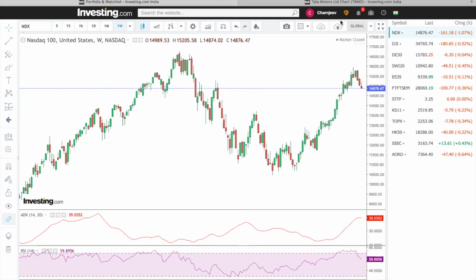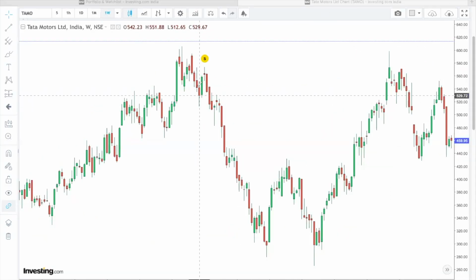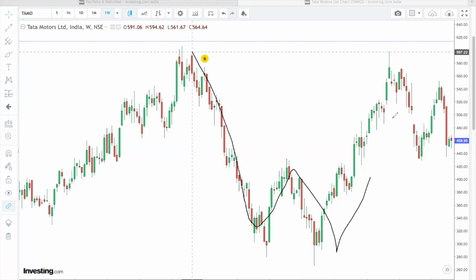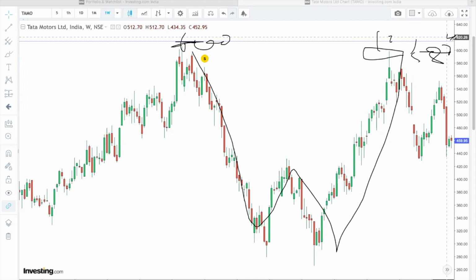So if we look at the minute details, let's talk about the Tata Motors chart first. What do you think happened afterwards there? After making a high of around 600, and then in the second wave, it made a high of 580. How do you think the Tata Motors chart reacted?